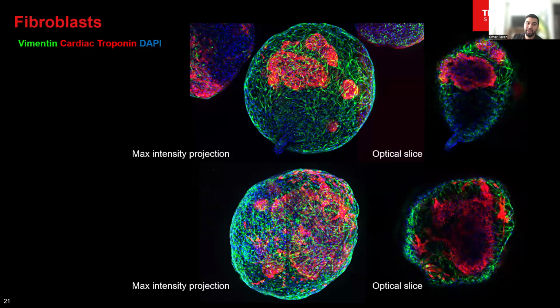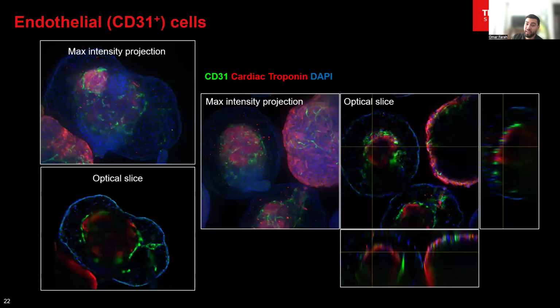So we also see potentially more connective tissue, in vimentin positive fibroblast cells that seem to encapsulate the organoid. And then we also have a layer of endothelial cells that forms, from what we gather, in an attempt to start the process of forming blood vessels, right? We can see them outline or surround the cardiomyocytes themselves as well.